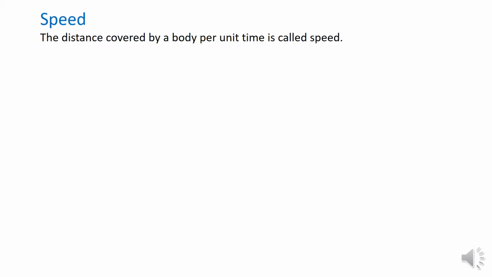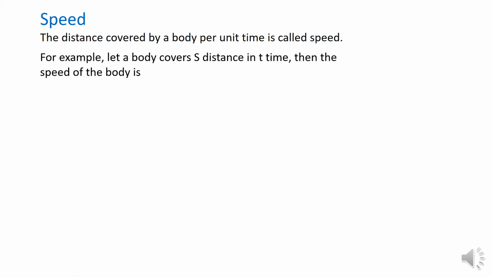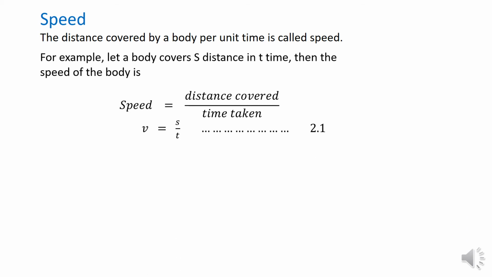Speed. The distance covered by a body per unit time is called speed. For example, let a body cover S distance in time t, then the speed of the body is determined by the equation: distance, how much distance the body has covered, divided by the time it takes.